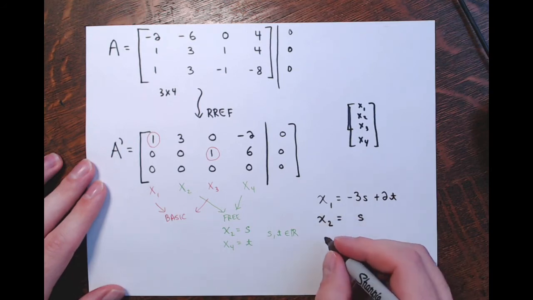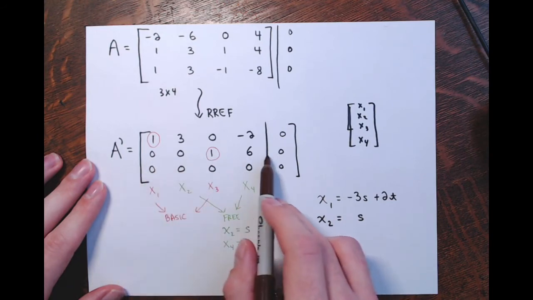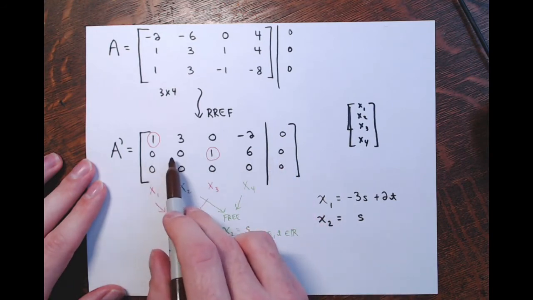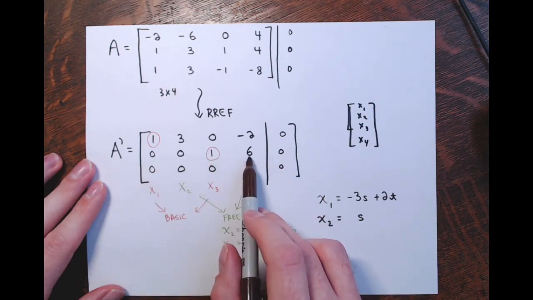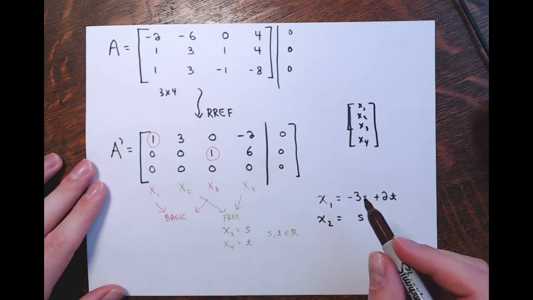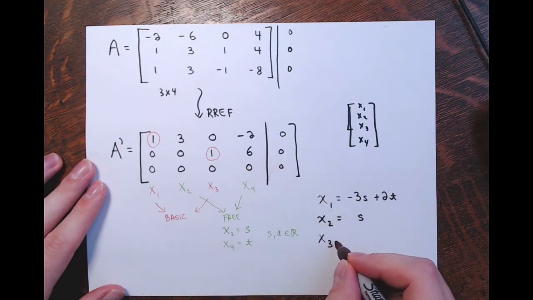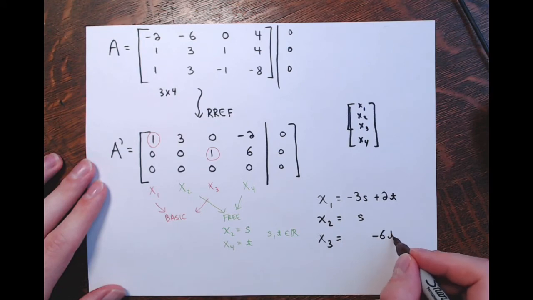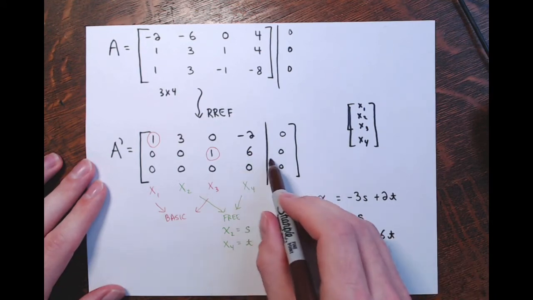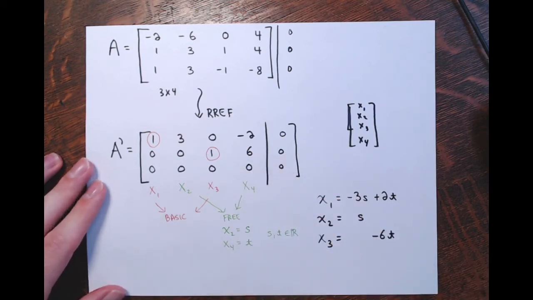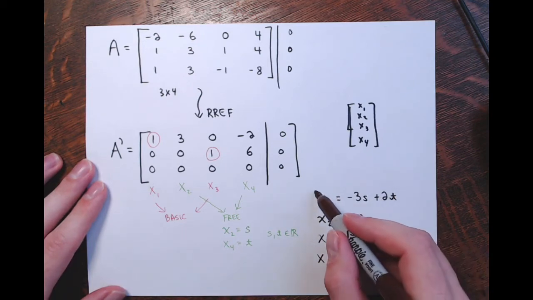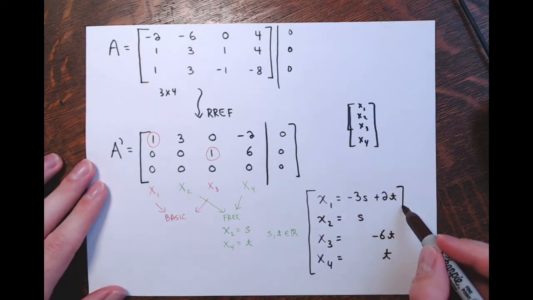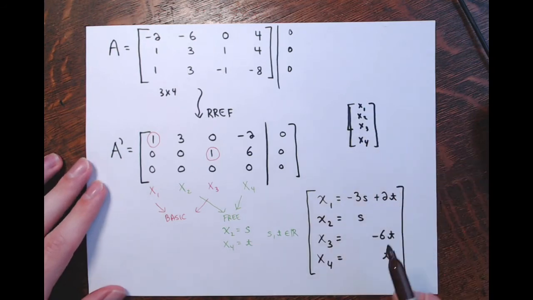Then from the second equation, the second row, we'd be getting x3 plus 6t equals 0. So x3 would be negative 6t, subtracting the 6t, 6x4. And then x4 was free, that was t.